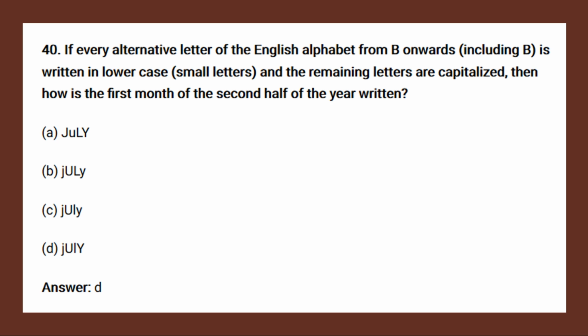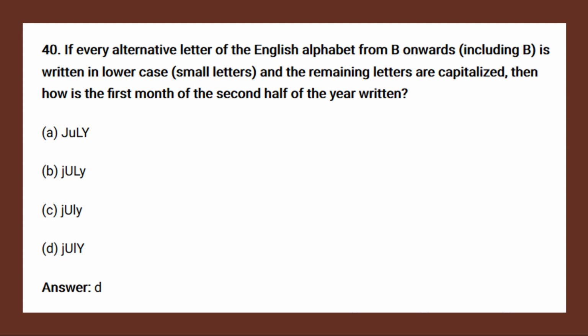Question 40. If every alternative letter of the English alphabet from B onwards, including B, is written in lowercase, smaller letters, and the remaining letters are capitalized, then how is the first month of the second half of the year written? You can go over the options. How July is written in different small and capital alphabets.